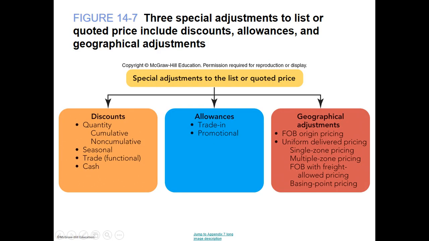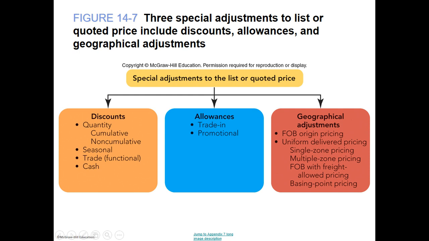So three special adjustments to list or quoted price include discounts, allowances, and geographical adjustments. Discounts: you can have quantity discounts, cumulative or non-cumulative, seasonal discount, which we just talked about, trade discount and cash discount. Allowances: you can have trade-in allowances and promotional allowances.